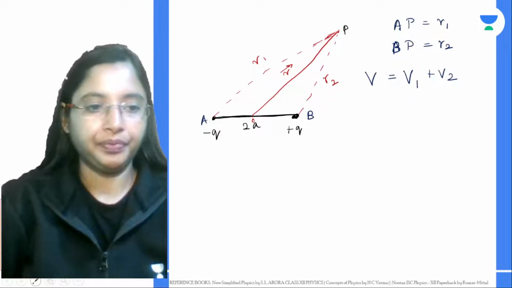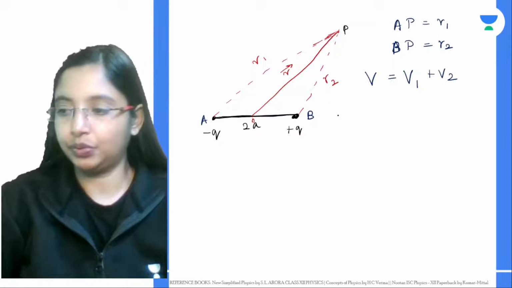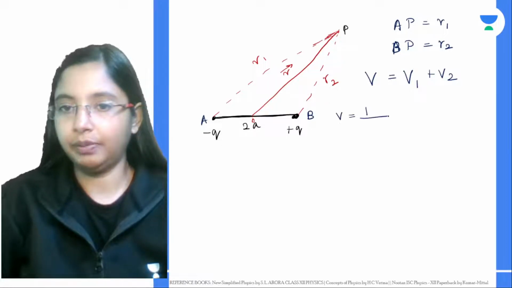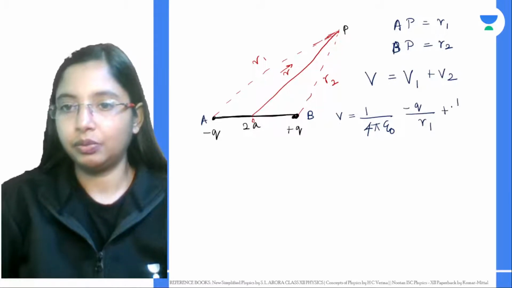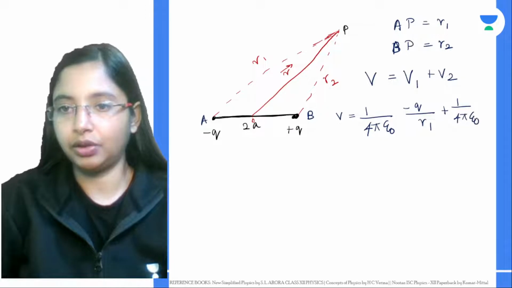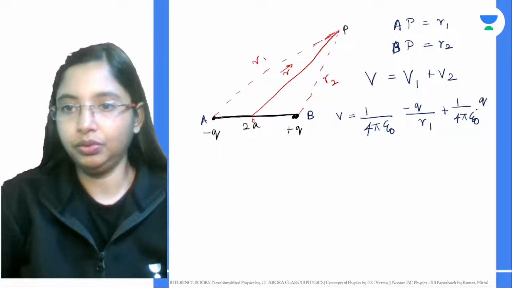So V over here will be 1 by 4 pi epsilon naught, the charge over here is minus Q divided by R1, plus 1 by 4 pi epsilon naught, Q divided by R2.